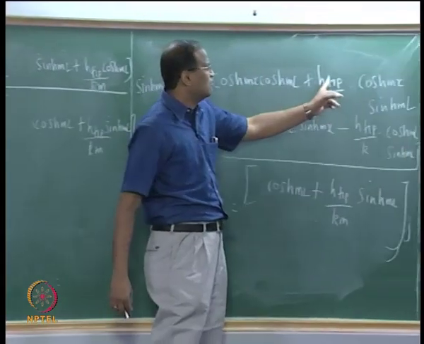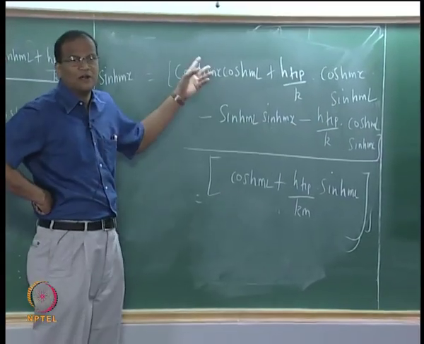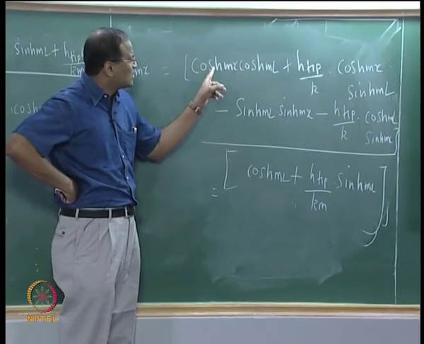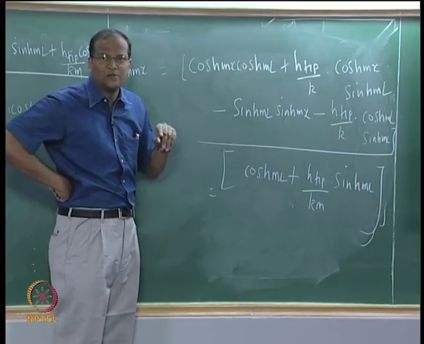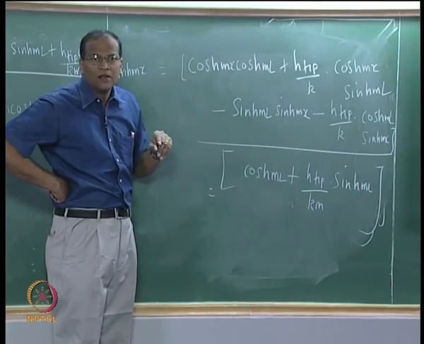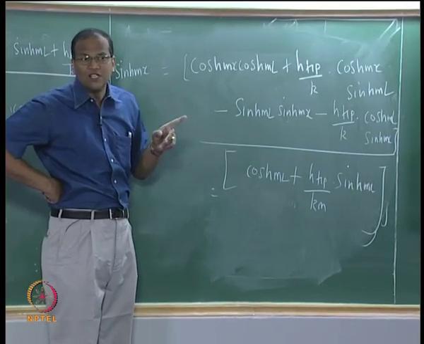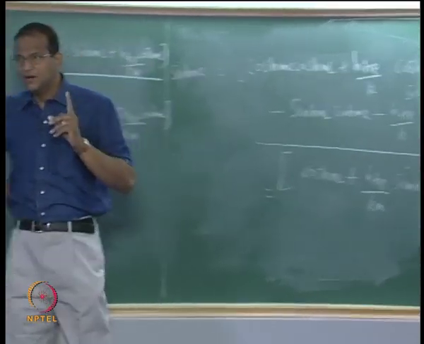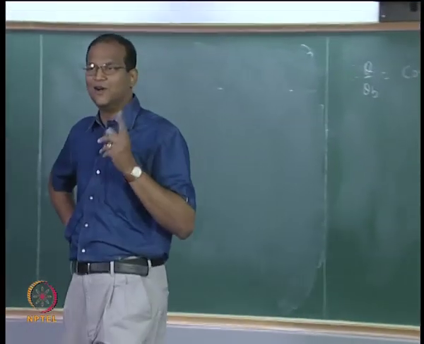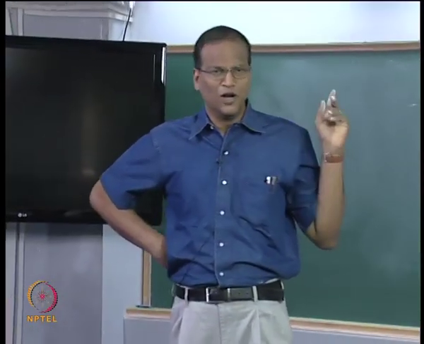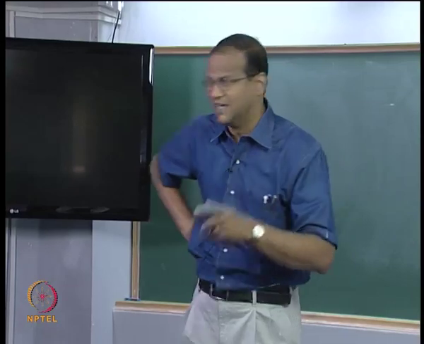Basically you have to collect the terms with h tip by k and the terms without that. What is cosh a cosh b minus sinh a sinh b? Cosh of (a minus b), correct? Cosh a cosh b minus sinh a sinh b, you can do it with e to the power of mx and check it out.